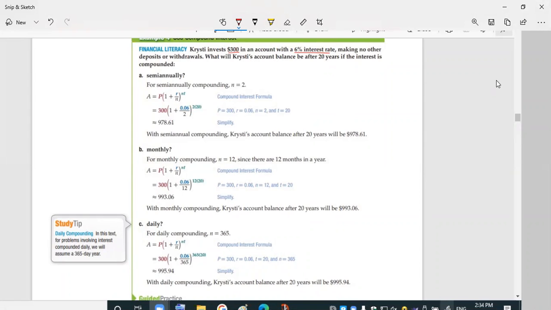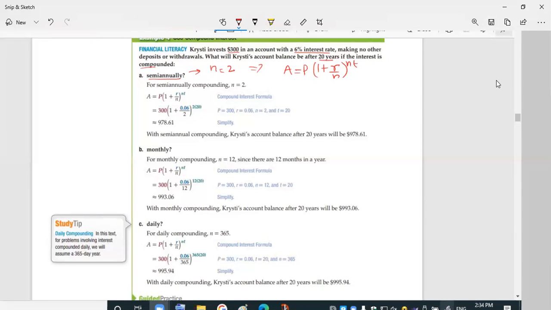What will Christy's account balance be after 20 years if the interest is compounded semi-annually? I told you that semi-annually means half yearly. So for semi-annually, N will be equal to 2. And now you have to use the formula A is equal to P into 1 plus R by N raised to power NT.